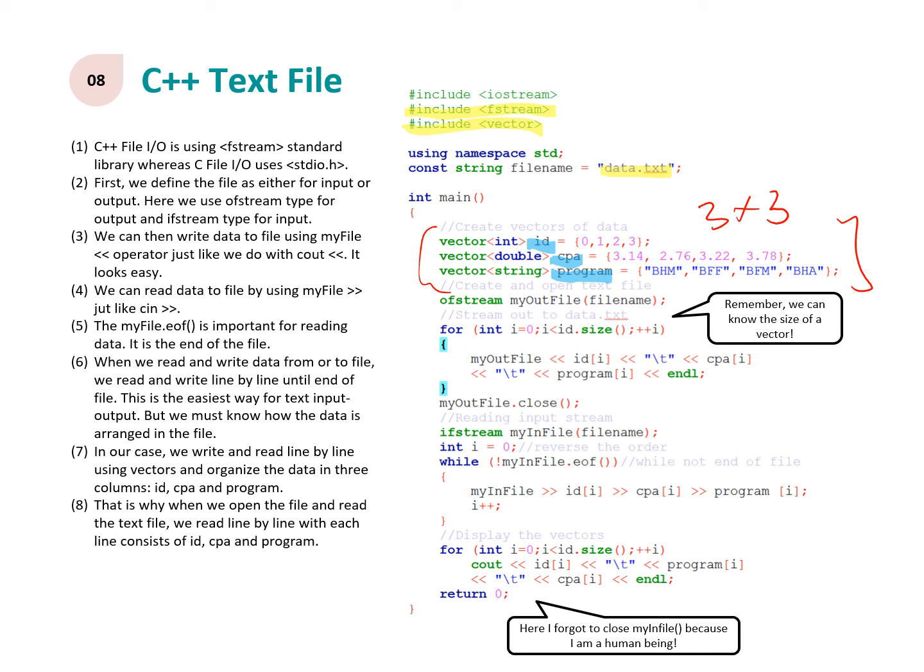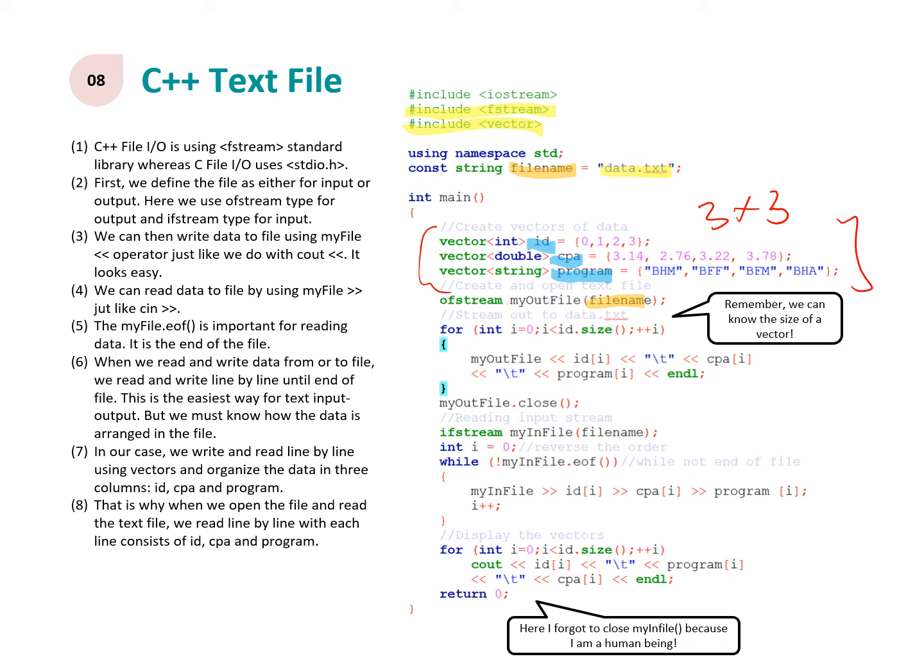So to write the data, first you include the header file fstream, and then you specify the file name. And then to write your data to a file, you just write down ofstream, basically O stands for out. So this is your file, my out file. And then this is your file name here, exactly the same thing.